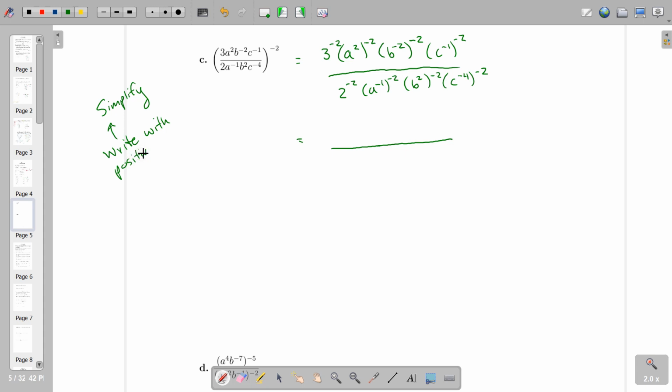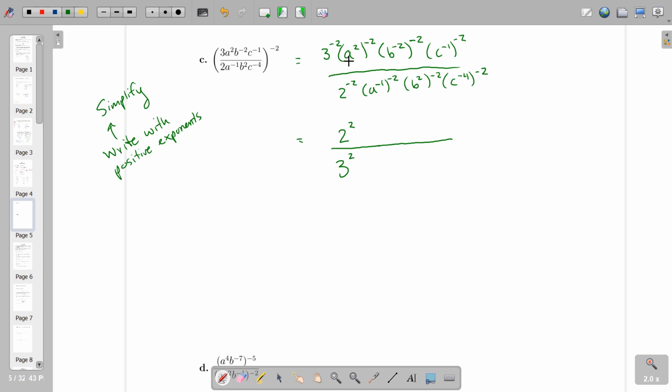That's implied when we're talking about simplifying. So I know that I'm not really happy with 2 to the negative 2, right? But I know that I can easily make that 2 to the positive 2 if I put it up on top. Same with the 3 to the negative 2. I can make that a positive exponent if I put that on bottom.